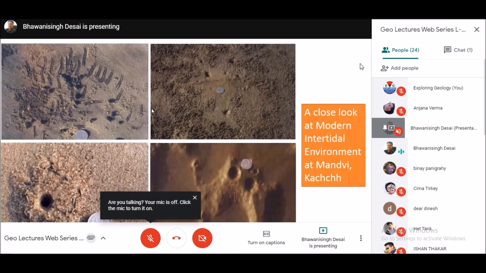The second thing that happens is they try to take out the clay material from the suspended part and put that clay in the sand. So these kinds of modifications they are constantly doing in various environments. This is a photograph just to show the intertidal environment.